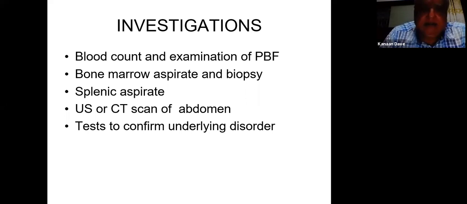And then we would do a bone marrow aspirate and biopsy. Again, this would be helpful in elucidating the cause. We can identify Leishmania donovani bodies, LD bodies, in the bone marrow. We can examine the bone marrow and look for abnormal lymphoid infiltrates, chronic myeloid leukemia, chronic lymphocytic leukemia, that we can also pick up on the peripheral blood film, but we can do a bone marrow as well.